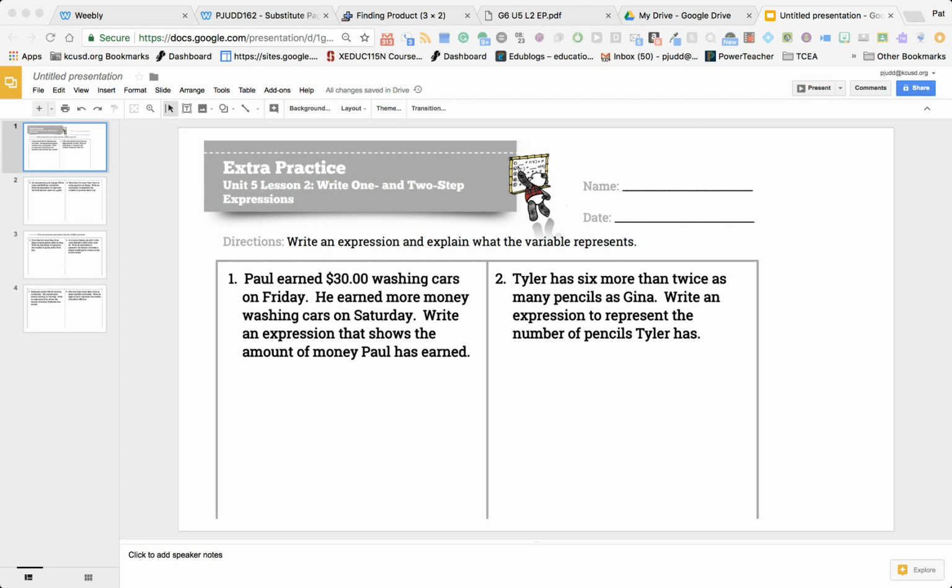Okay, you should have your paper out with your heading at the top and extra practice written at the top of the page. This is going to be turned in as proof of your work. So you need to make sure that you're keeping up with the examples that we're working on. I'm going to give you time to write the important information and to write your expression and then explain what the variable represents.